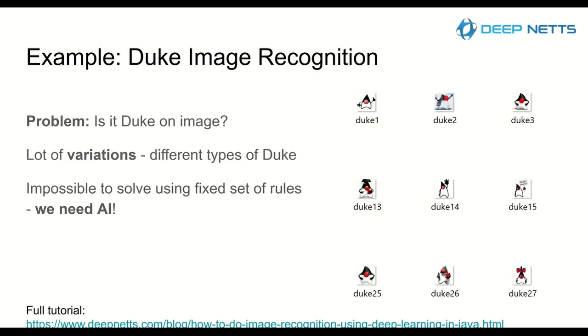The problem is that there are a lot of variations. There are a lot of different types of Duke, and this makes the problem impossible to solve using a fixed set of rules, and that's the reason why we need AI. Images may vary in size, color, shapes, but these are all Dukes.